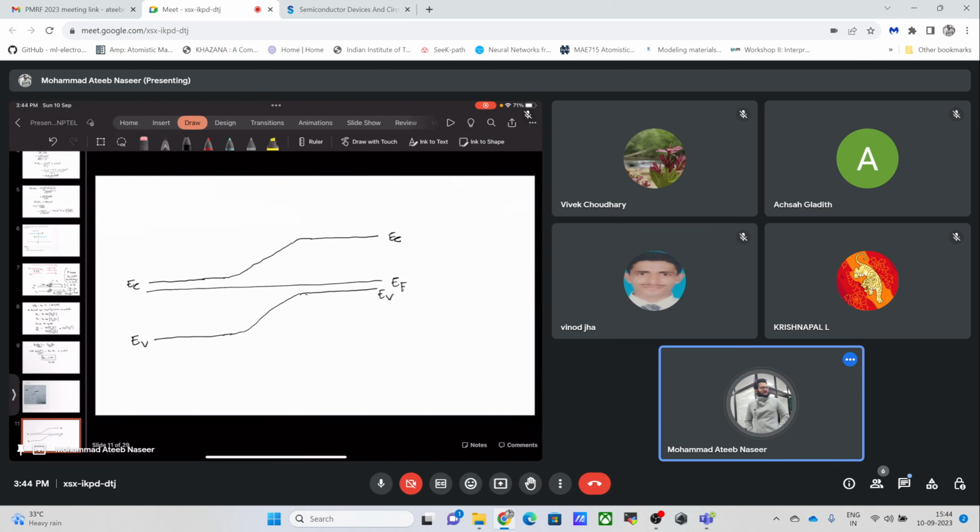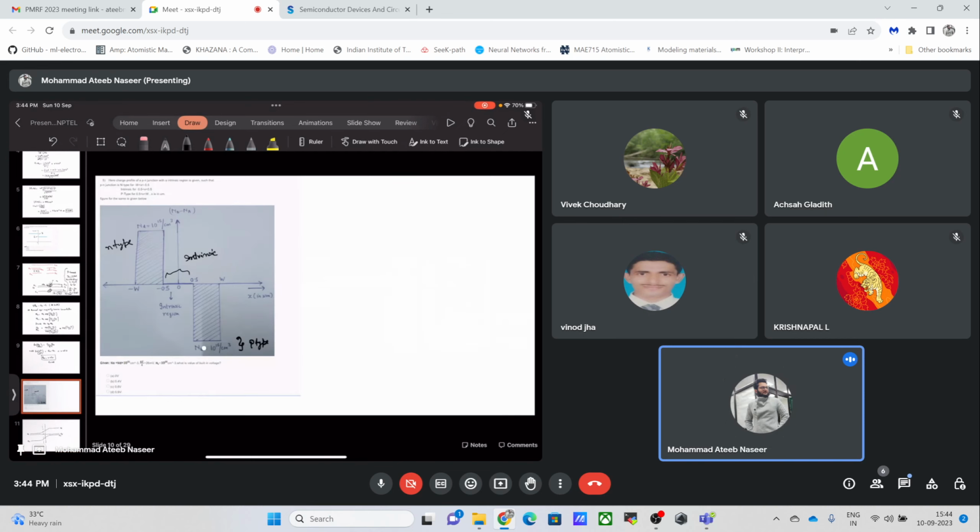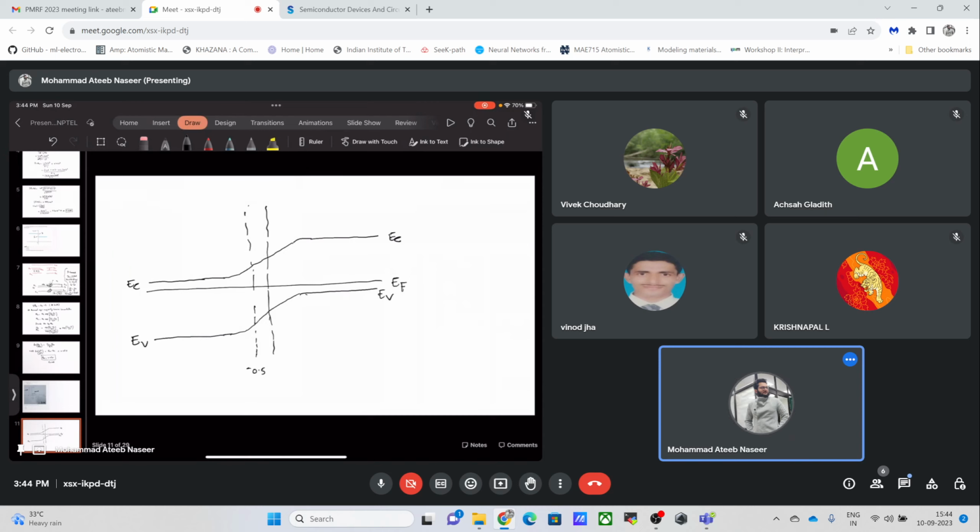So it would be at the junction, let's say x equal to 0, and this would be equal to this. If this is minus 0.5, yes, it was minus 0.5, I guess. Yes, it was minus 0.5. It is minus w, this thing.